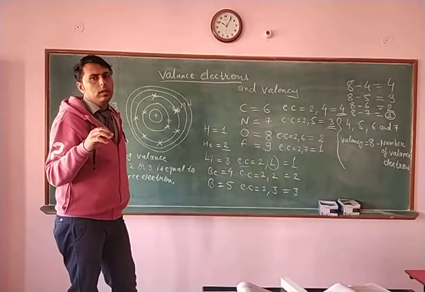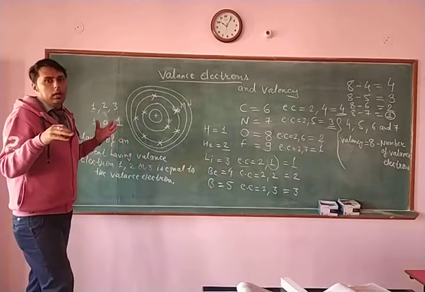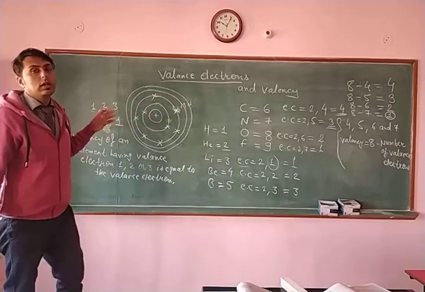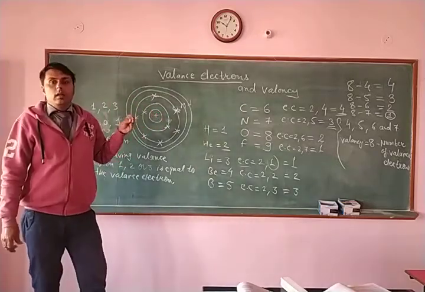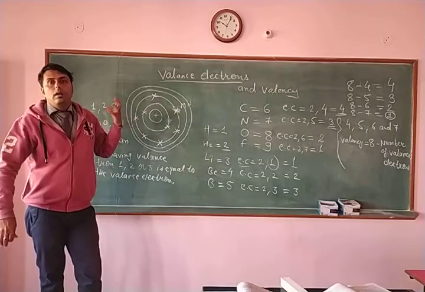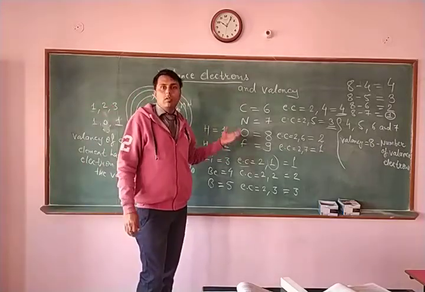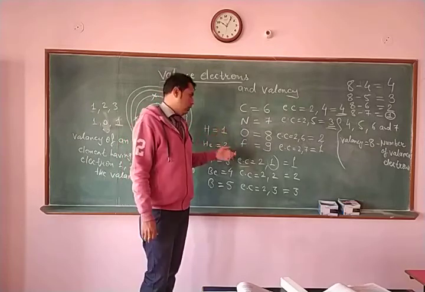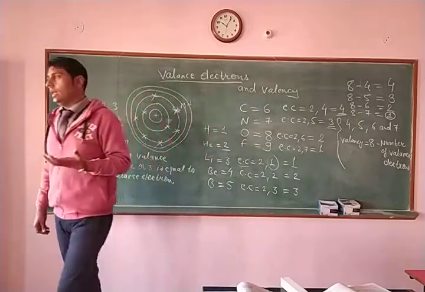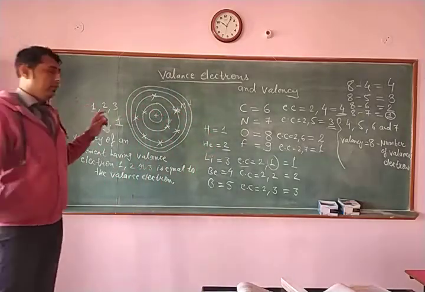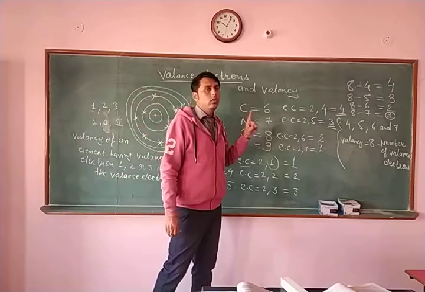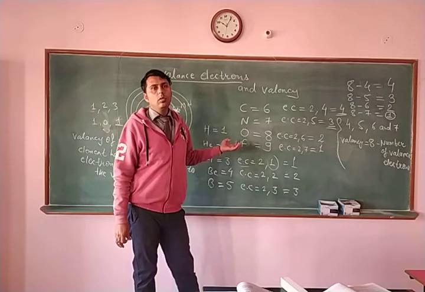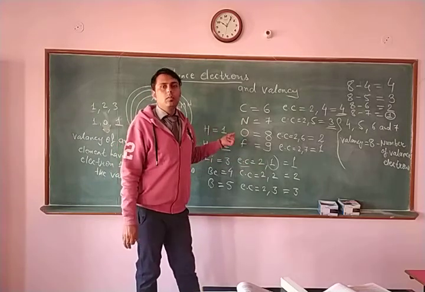This relates to electronegativity. What is electronegativity? You will read this in further classes. Electronegativity is the urge of an element to capture an electron. So fluorine is highly electronegative because it wants only 1 electron to complete the octet and become a noble gas element, or you can say to become stable.